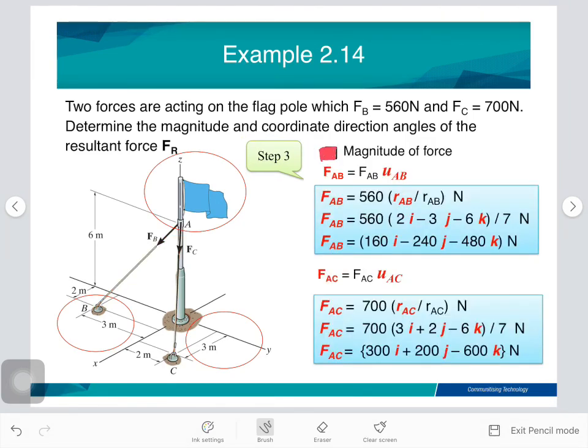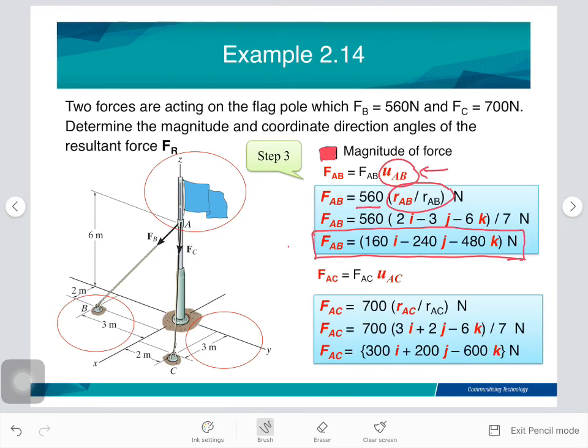Here you have the third step, how to express the force in Cartesian. The magnitude FAB is 560, multiplied with the unit vector AB. You understood that the unit vector is this, and this is the answer for the FAB in Cartesian.